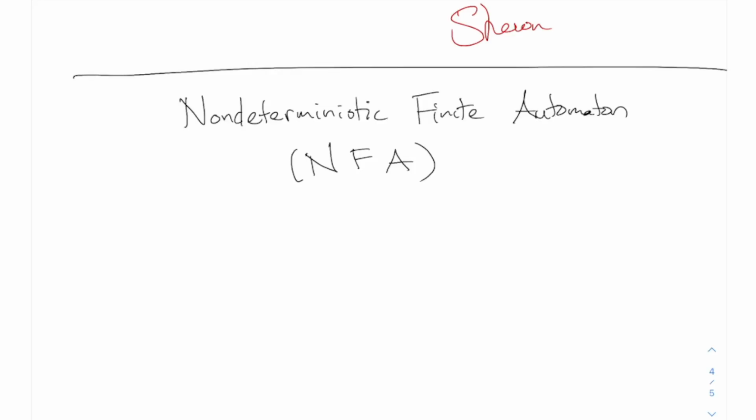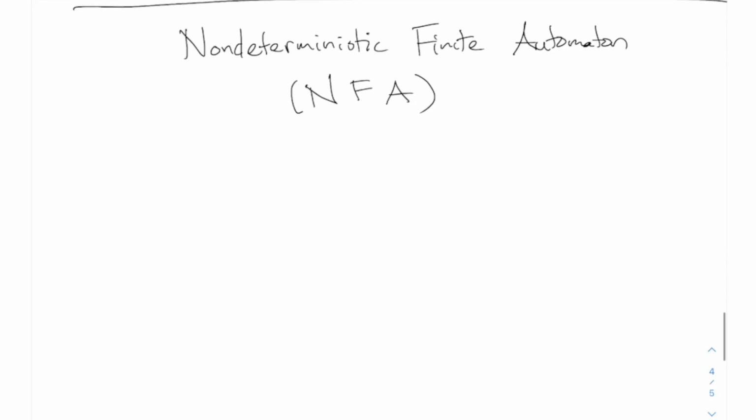N stands for non-deterministic. This is meant to be as similar as possible to a DFA, changing just one little thing at a time, so it's not completely different. It's actually very similar. The difference is in the determinism. This is non-deterministic, whereas the DFA was deterministic.